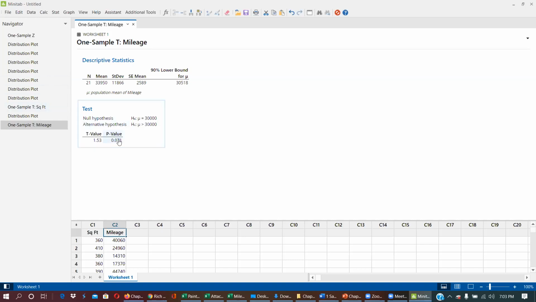And the reason is this: because of the 10%, the 90% lower bound is 30,500, which is greater than 30,000. So we would reject based on the exact value.